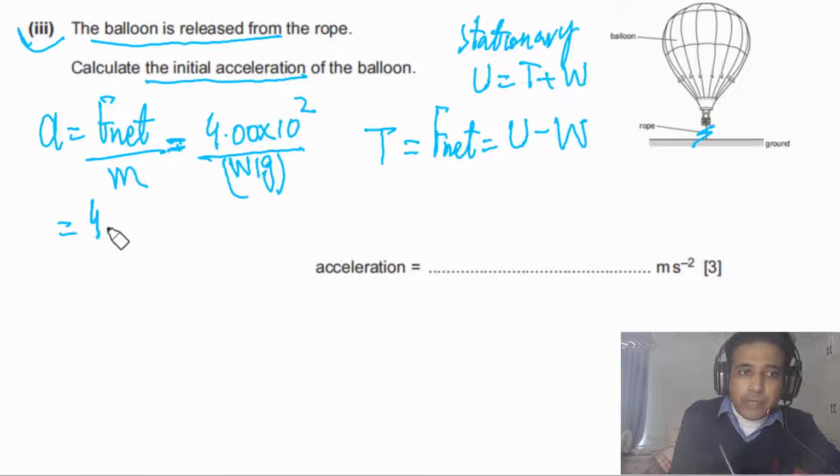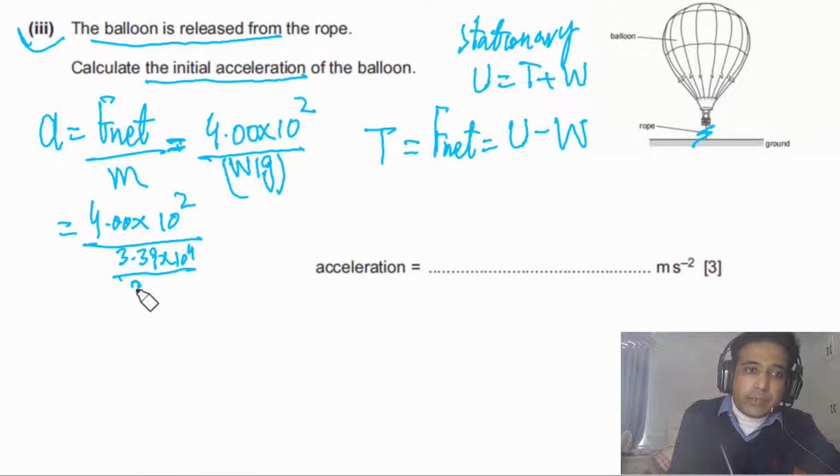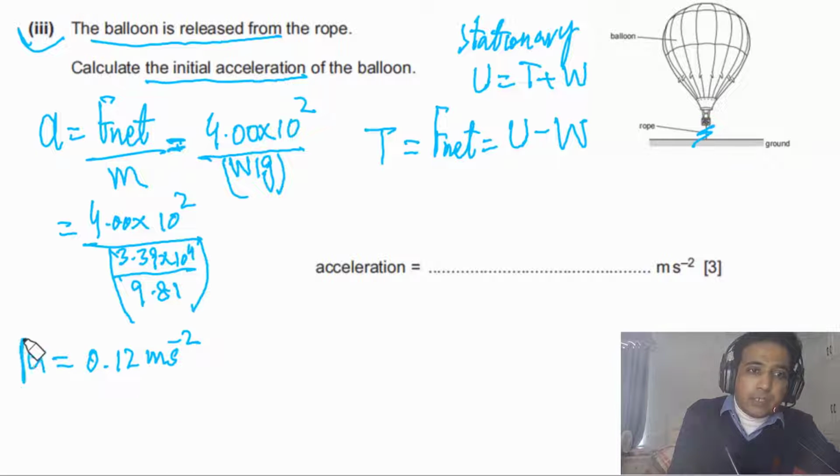Now we can plug in values here: 4.00 times 10 to 2, divided by the weight of the balloon, 3.39 times 10 to 4, divided by 9.81. So this is the mass. Now if we simplify this, we will get 0.12 meters per second squared. So this is the initial acceleration of the balloon.